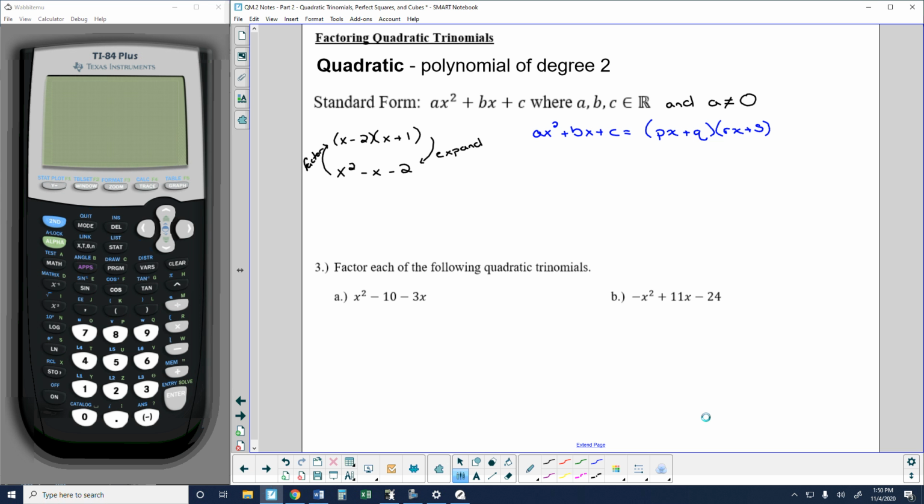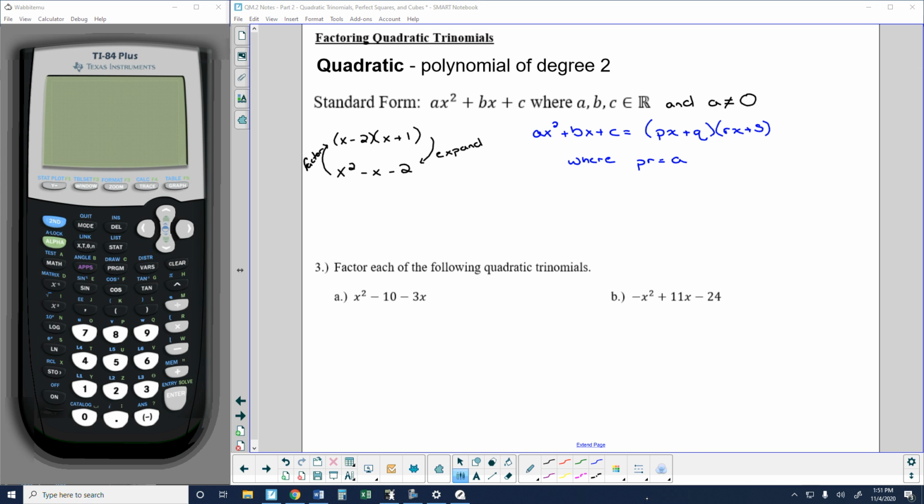And this is where p and r are going to be factors of a. So p times r is going to equal a.